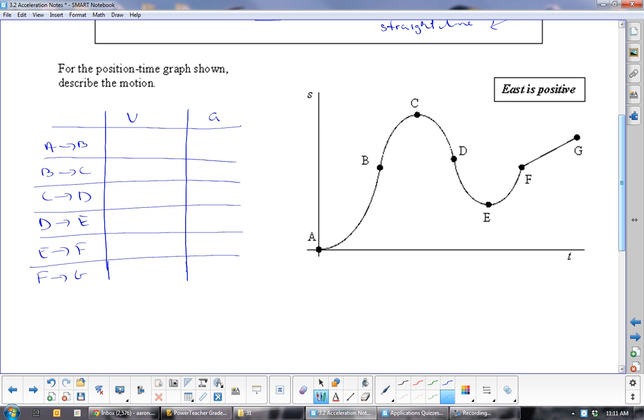Okay, so from A to B, now remember this is a distance time graph. So what are my velocities, positive or negative? Positive. Now the acceleration, are the slopes increasing? Yes. Okay, so it is concave up, right?